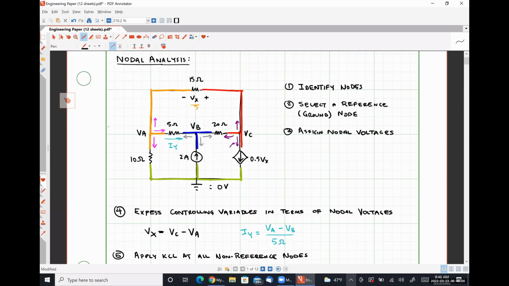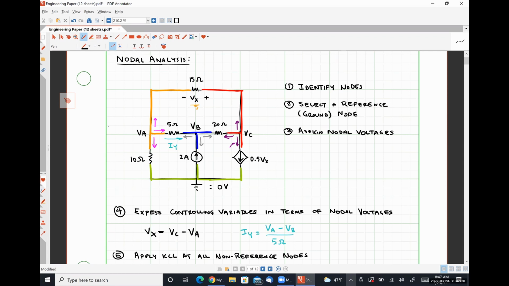So if we are trying to express a controlling variable voltage in terms of our nodal voltages, the equation is always the nodal voltage associated with the positive polarity terminal.